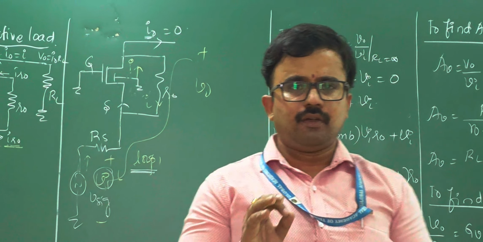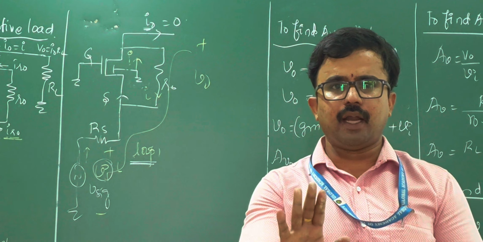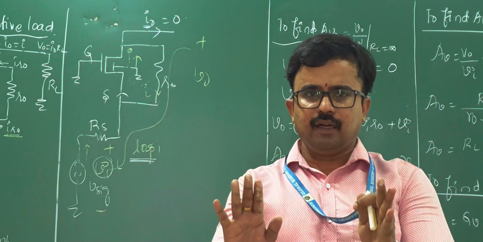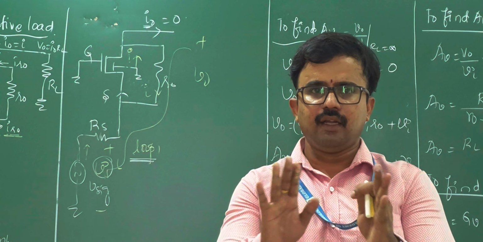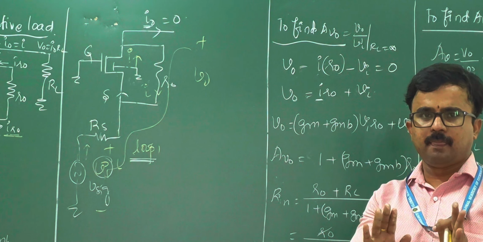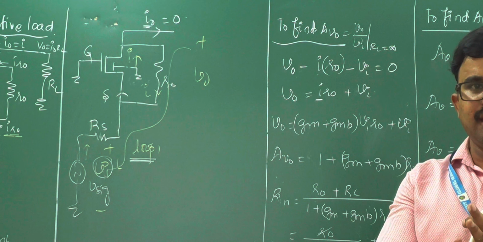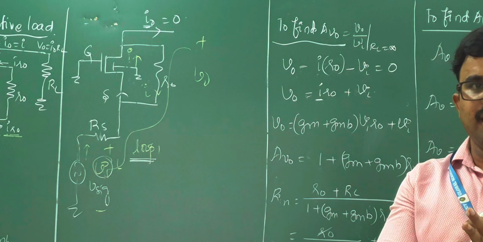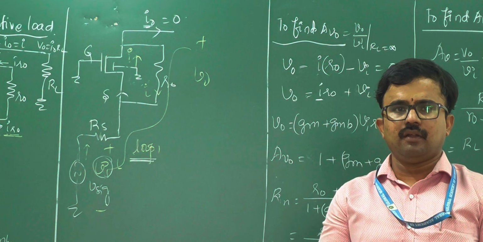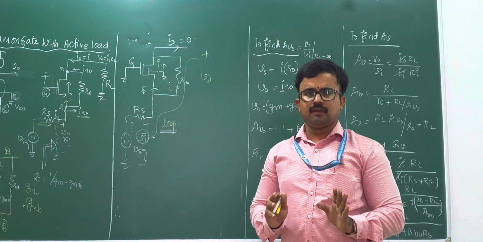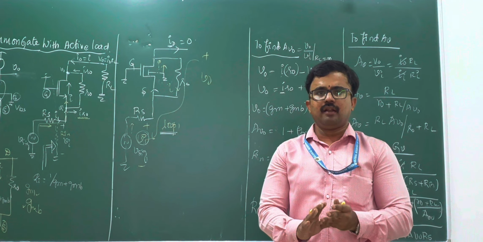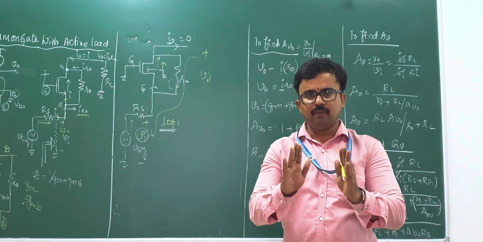The input impedance obtained when R0 is not there: keenly observe, when R0 is not there, the input impedance was just 1 by gm. In the previous common gate amplifier, when R0 was not there, it was just 1 by gm.